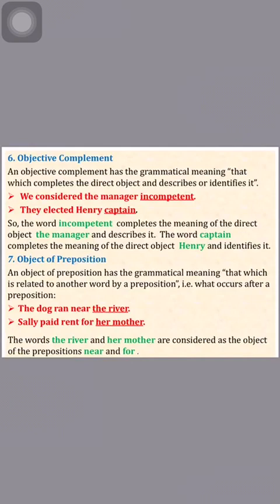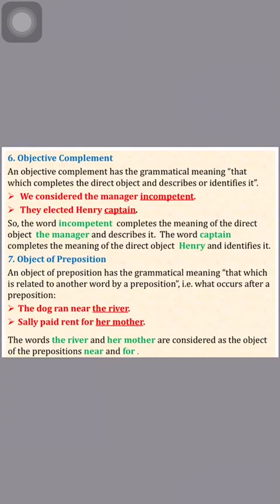What follows the preposition is considered the object of a preposition. Sally paid rent for her mother. So her mother is the object of the prepositional phrase for her mother. So the river and her mother are the objects of the prepositions near and for respectively.